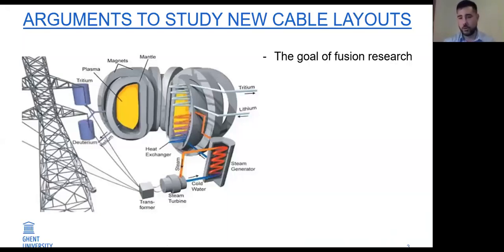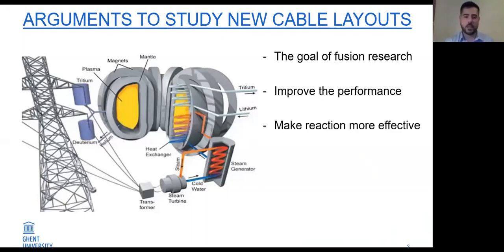As we already know, the goal of fusion research is to produce energy. We already fuse atoms, but we want to get more energy than we invest. This means improving the performance, making a more effective reaction and investing less energy than the energy that we gain.